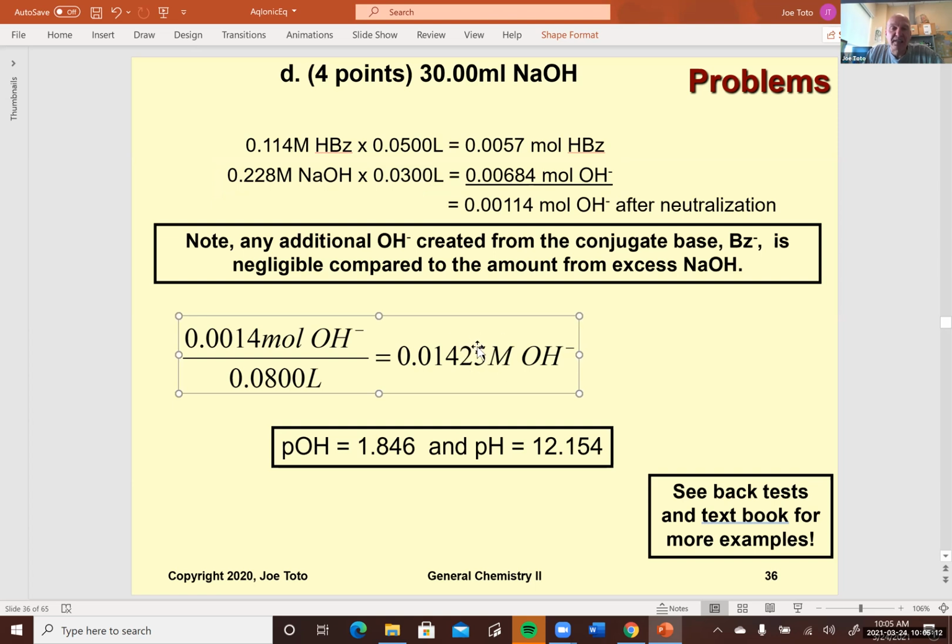And then I use that to find the pOH, and then I subtract it from 14 to find the pH. And that's pretty much as hard as it gets for the titration problems. That covers all the points on a titration curve that you could have to deal with. Any questions on that?